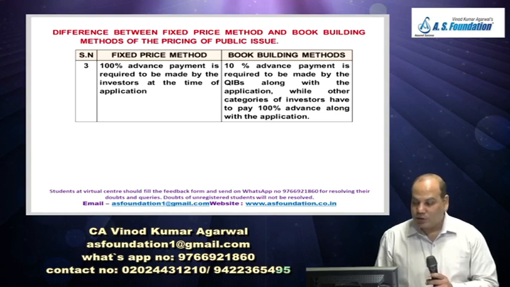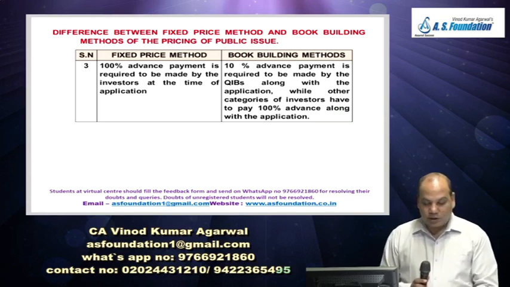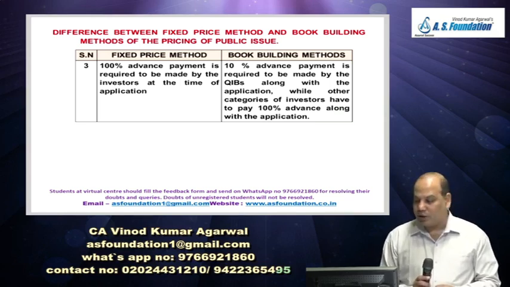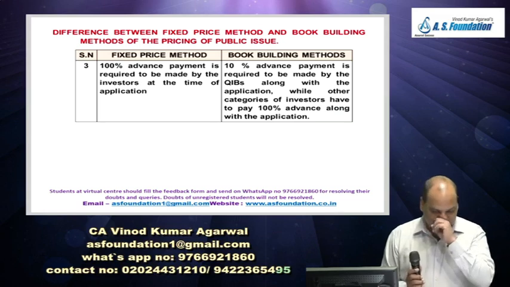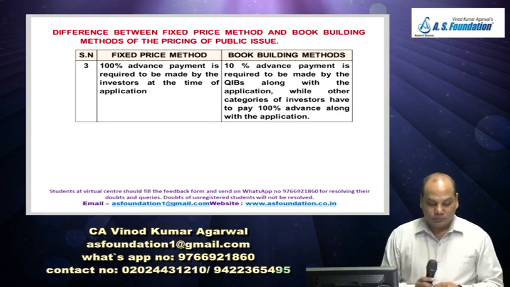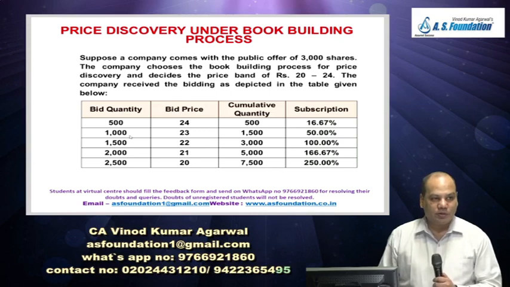But in case of the book building method, there are two numbers. 10% is required to be paid by QIB, qualified institutional buyer, while other categories of investor, this again you underline, will have to pay 100% advance along with the application. Like retail investors. They have to pay 100% advance. But qualified institutional buyers have to pay just 10%.